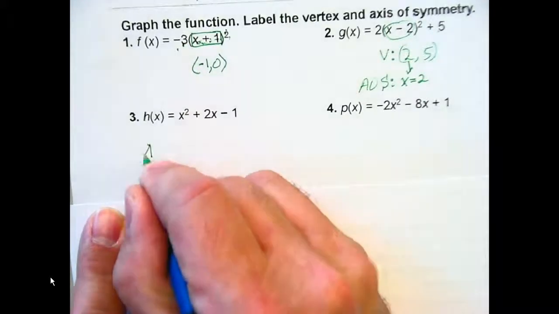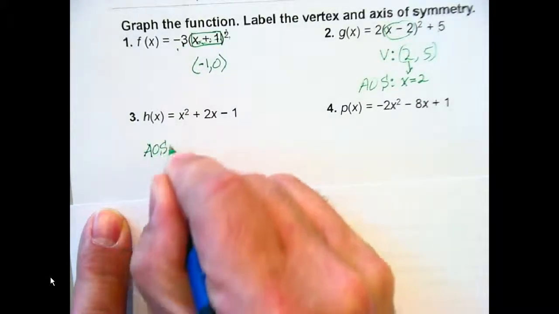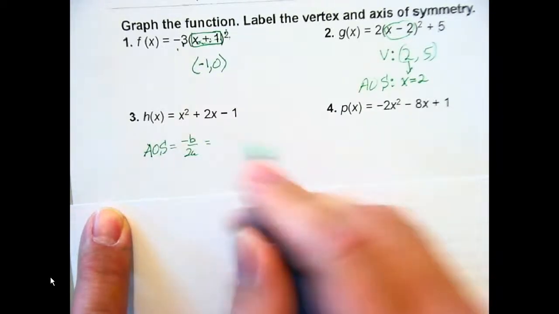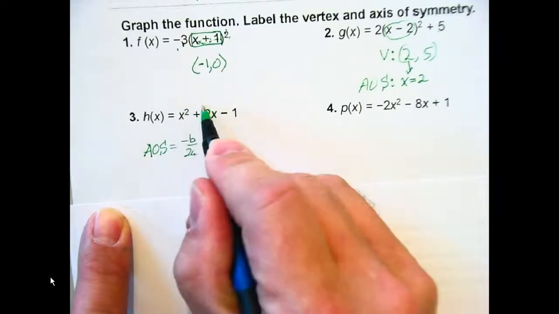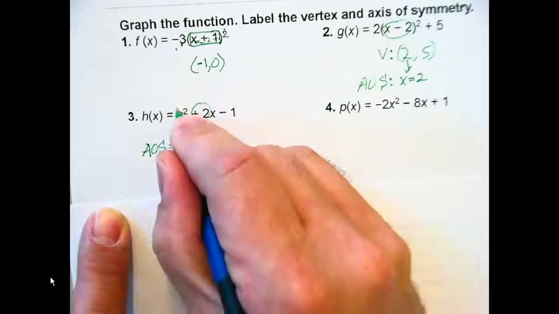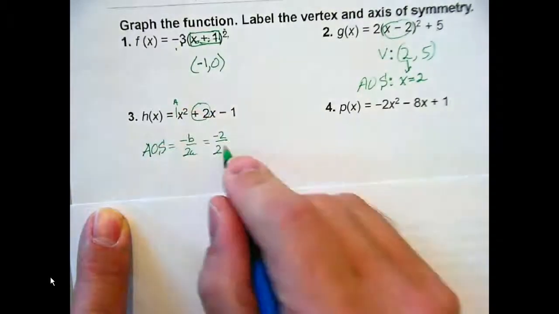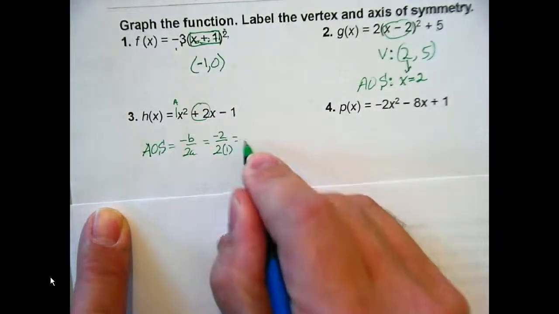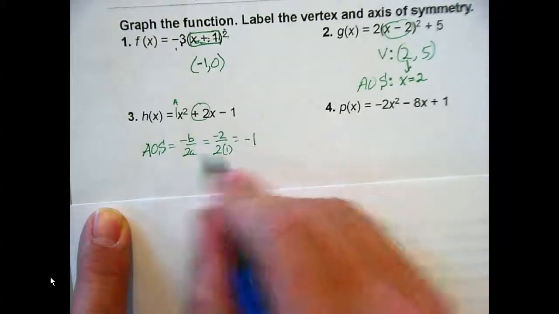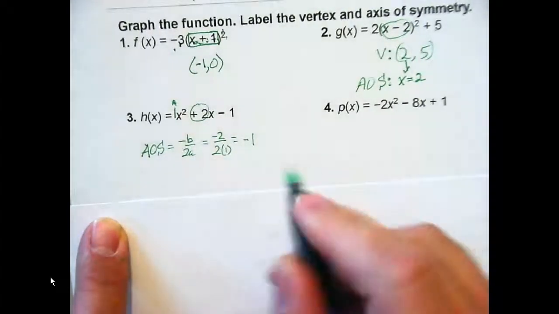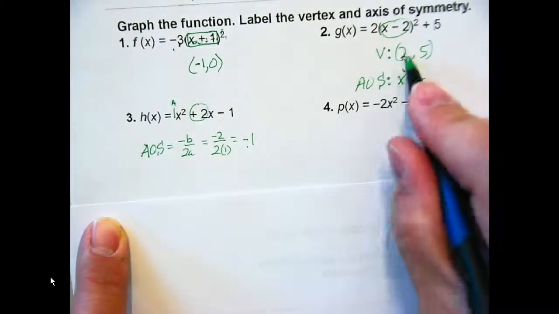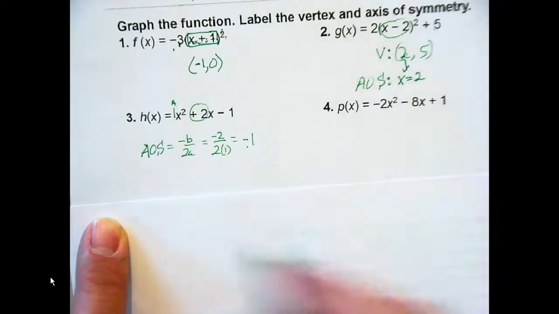The axis of symmetry is equal to the opposite of b over 2a, which is equal to, well, here's b, negative 2 over 2 times, there's a. So it's negative 1. Not this negative 1. It's negative 1 because we did the math there.